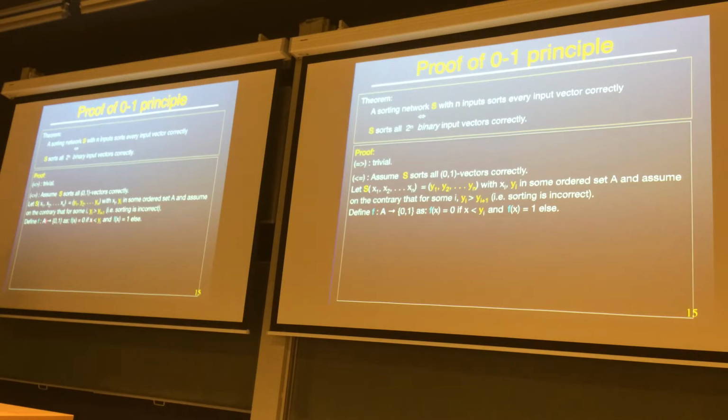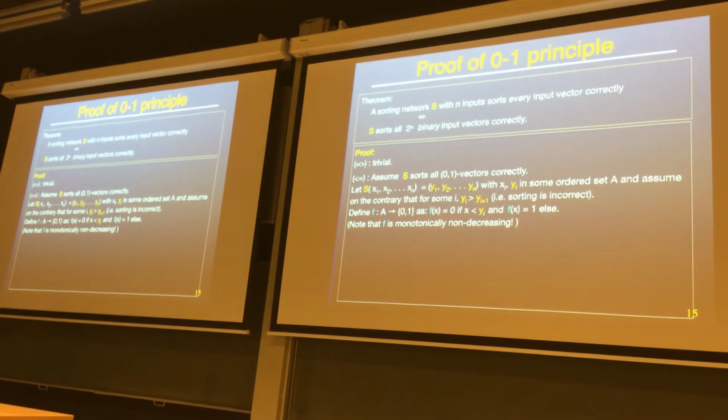As long as you have an x that is smaller than yi, then it's mapped to 0 and it's mapped to 1 else. Right? So here you have the critical point, yi. You should note immediately that f is monotonically non-decreasing. Yeah? That simply follows from the definition.